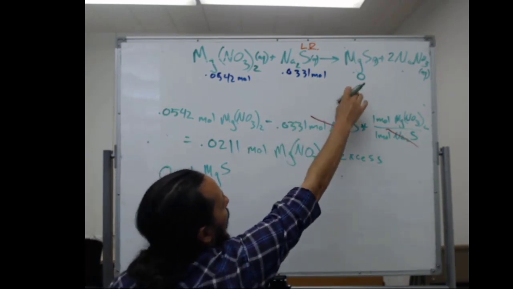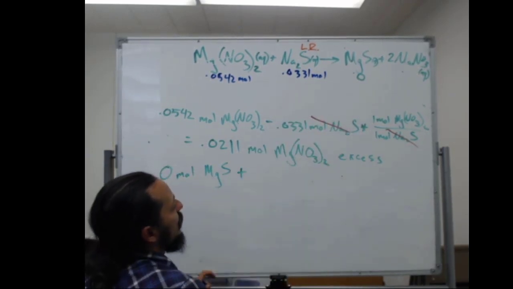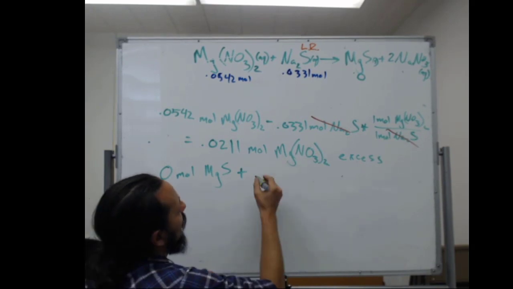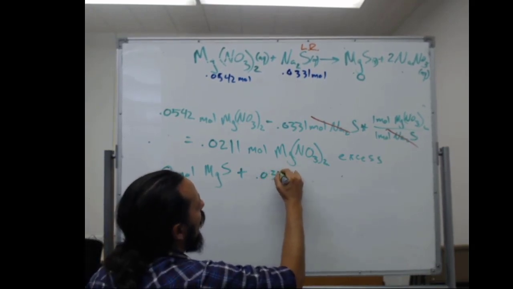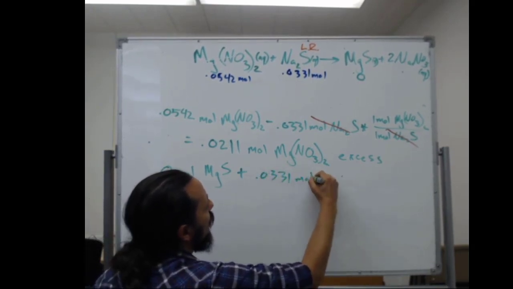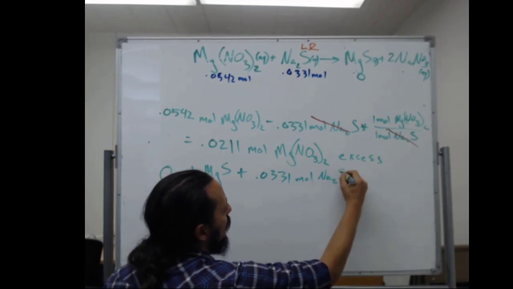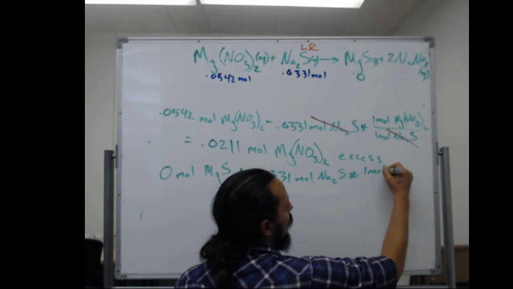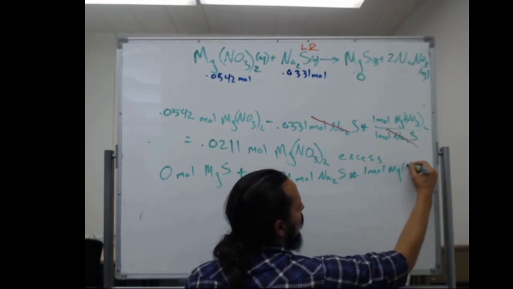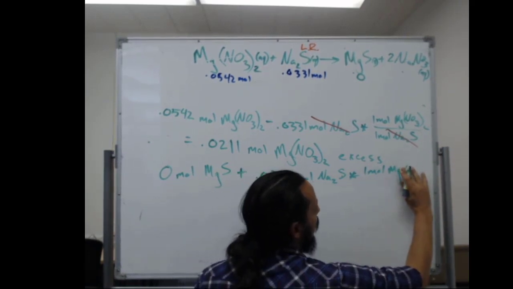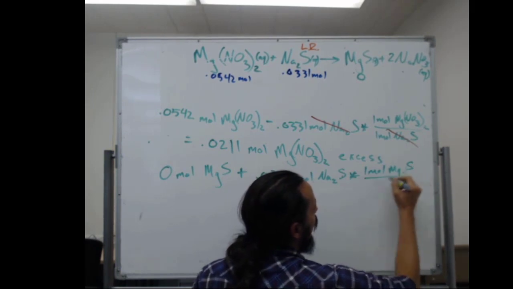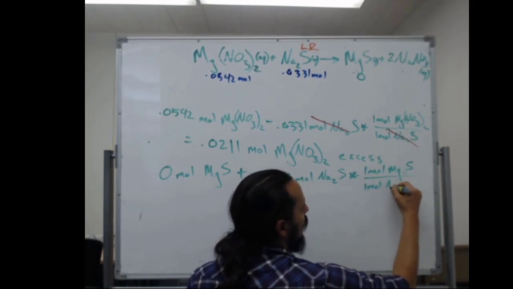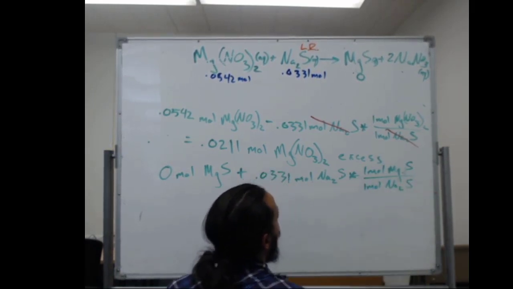And we're going to add to our product side, so that's going to be plus the same thing, 0.0331 moles sodium sulfide, multiply by 1 mole magnesium sulfide for every 1 mole sodium sulfide.